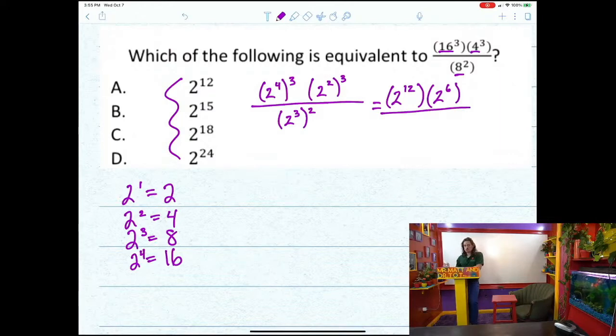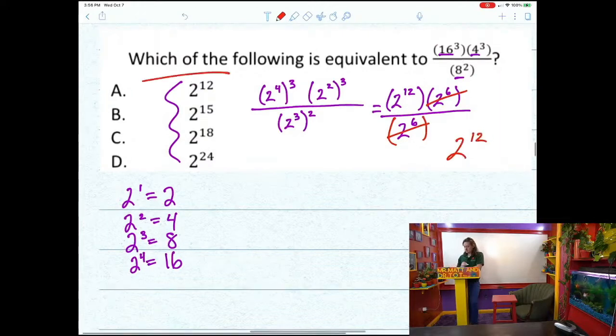And 2 cubed quantity squared is the same thing as 2 to the 3 times 2 power, which is the same thing as 2 to the 6th power. So you can see immediately that the whole value of 2 to the 6th will eliminate in the numerator and the denominator, and so your answer here is going to be 2 to the 12th, which is answer selection A.